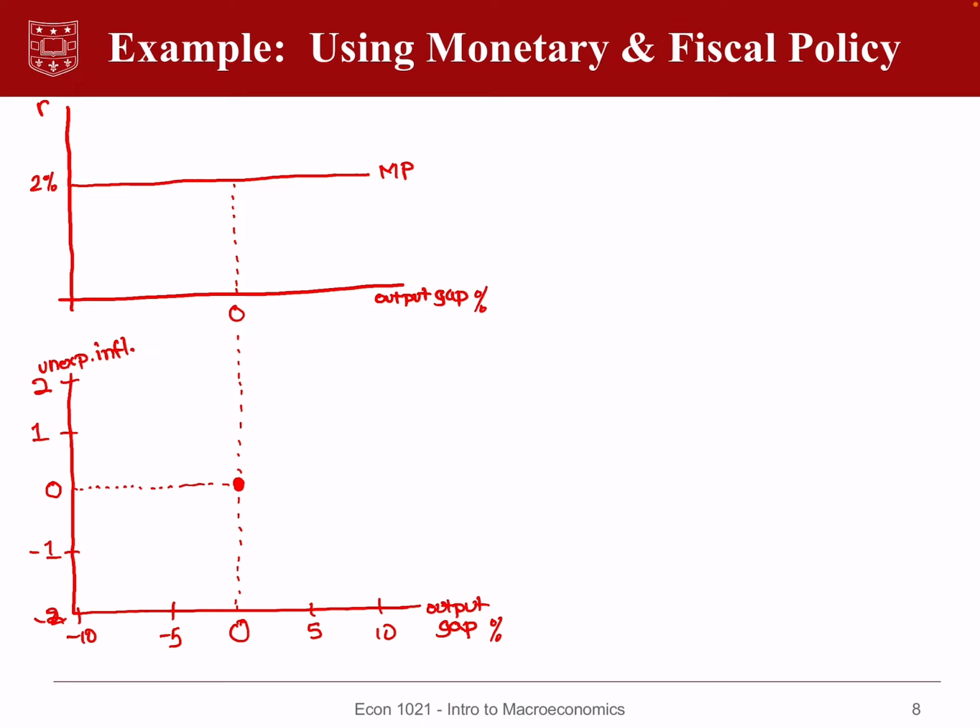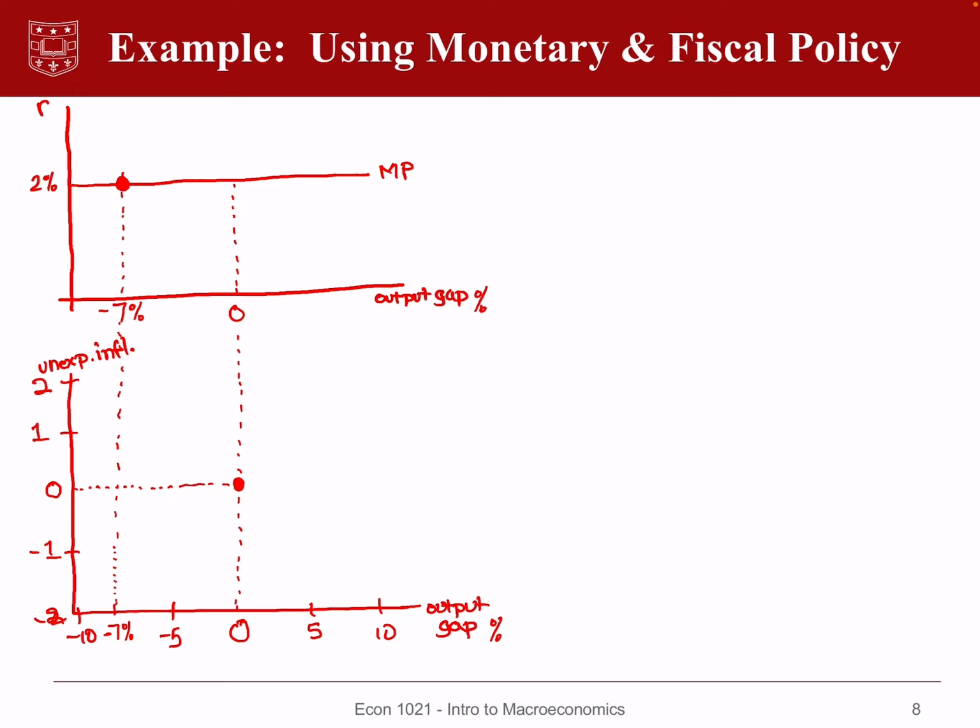And so let's suppose that we then consider our minus 7%. That was what we had in the problem. So if we know that the output gap is minus 7%, then we're going to come up here, and we know that the IS curve has to be running through that.